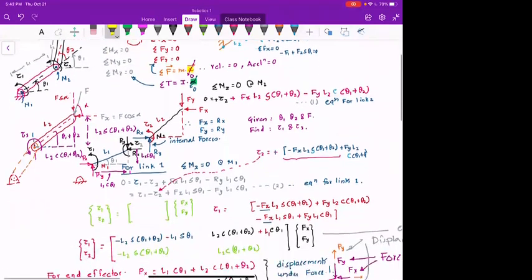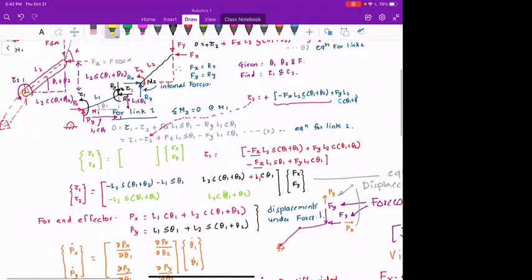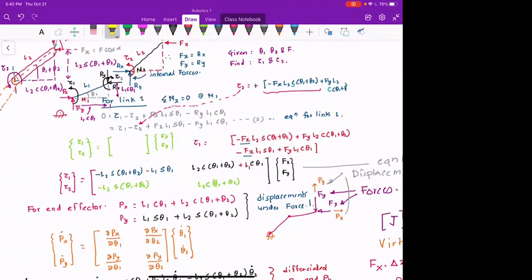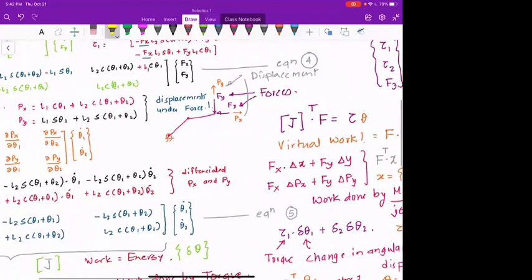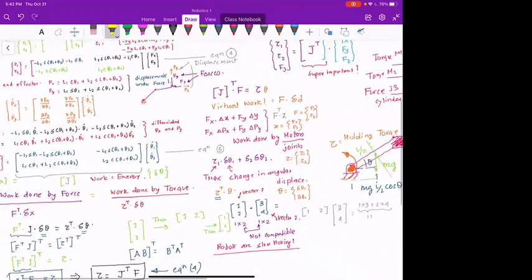And then we found out that indeed, if we were to take the transpose of the Jacobian, we don't have to do any more resolution of forces. We don't have to do anything related to equations of static equilibrium. We can directly use the Jacobian that we know, take the transpose, multiply by the forces, and boom, we got the joint torques and joint moments.